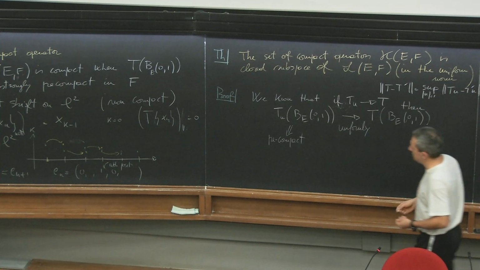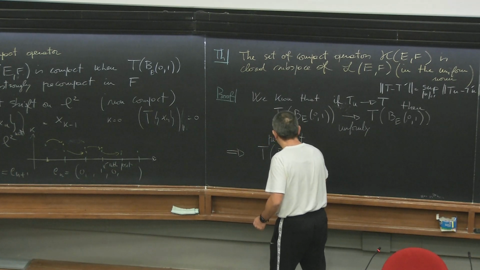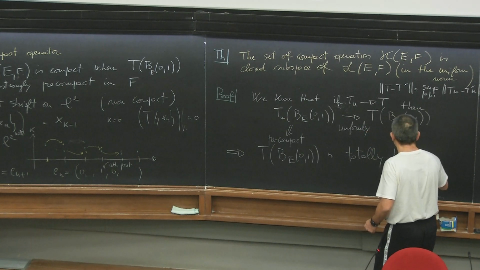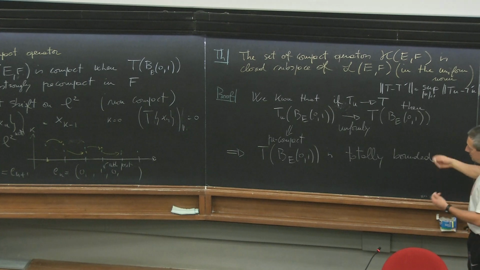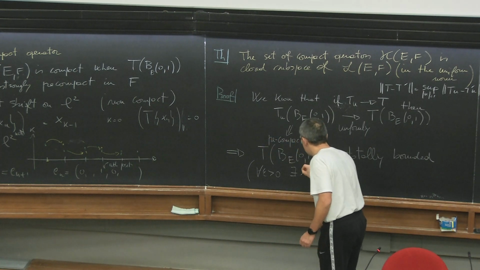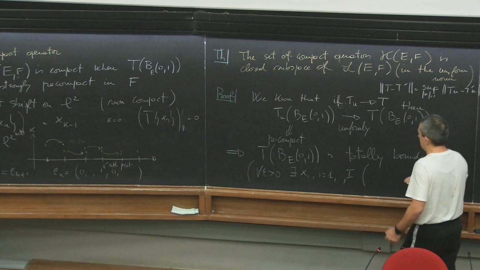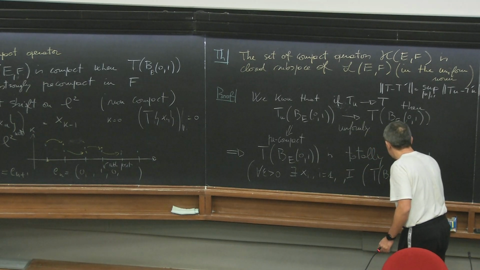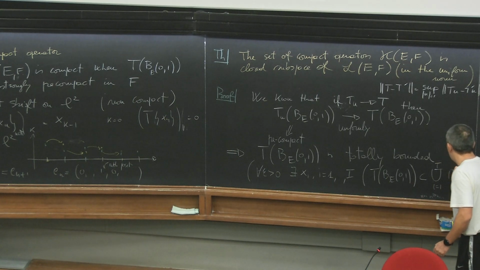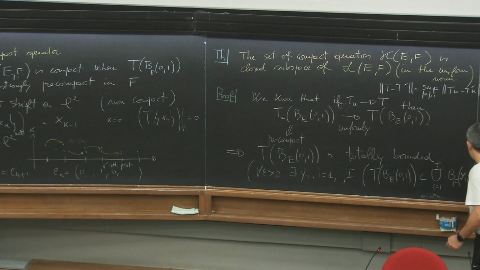So this property implies that the set is totally bounded, which means that for all epsilon greater than 0, there exist finitely many yi such that this set is covered by the union of the balls in F centered at yi of radius epsilon.